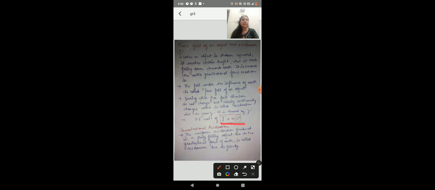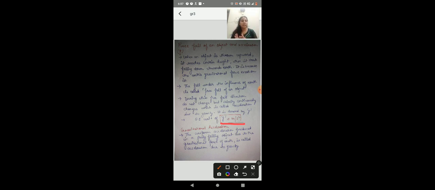Gravitational acceleration. Now I am going to explain what gravitational acceleration is. The uniform acceleration produced in a freely falling object due to the gravitational force of earth is called acceleration due to gravity. Let me explain with the help of an example. Do you know the meaning of the word uniform?